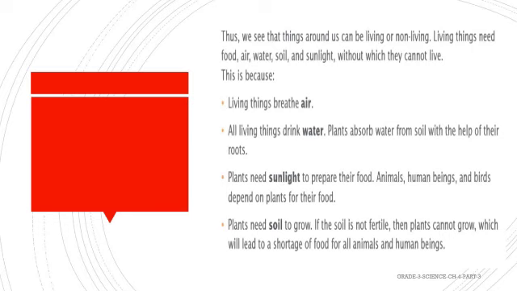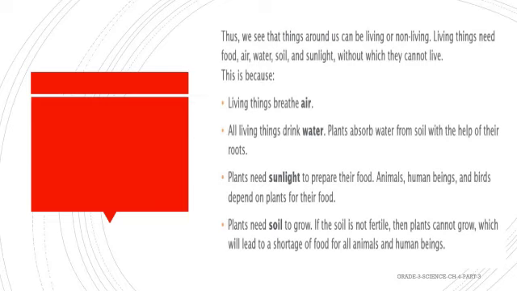Then next, plants need sunlight to prepare their food. And animals, human beings and birds depend on plants for their food. So with the help of sunlight, the plants are preparing their food, and this food is being consumed by animals, human beings and birds. So we are dependent on sunlight. Next, plants need soil to grow.